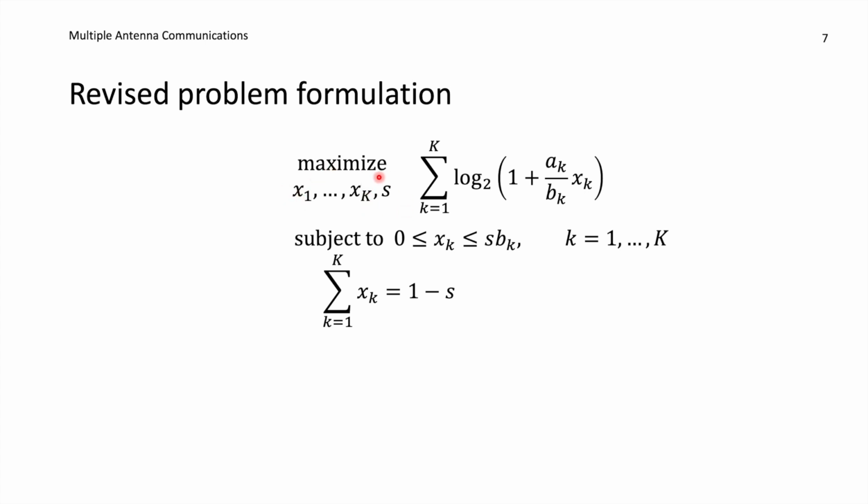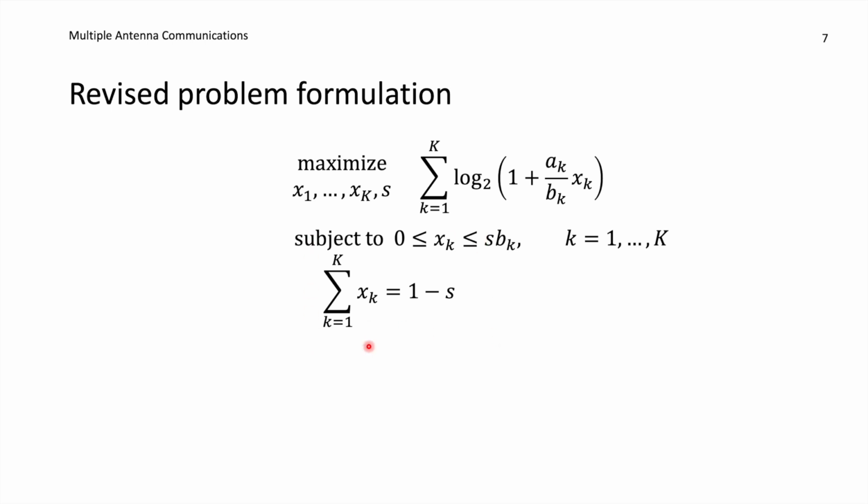And we also treat s as an optimization variable. Our power constraints were before that eta k should be between 0 and 1. Now we express it as xk being between 0 and s times bk. There is also a relationship between x and s which is expressed in this particular form.